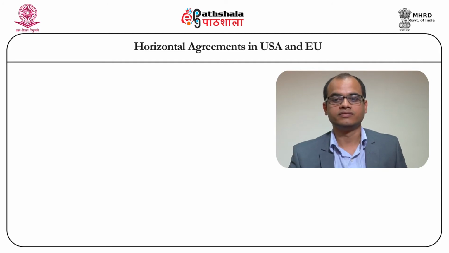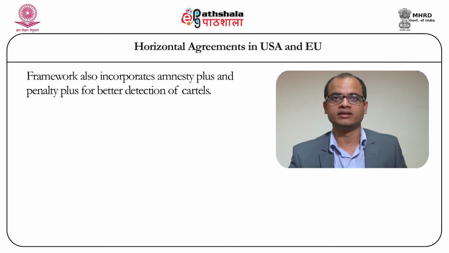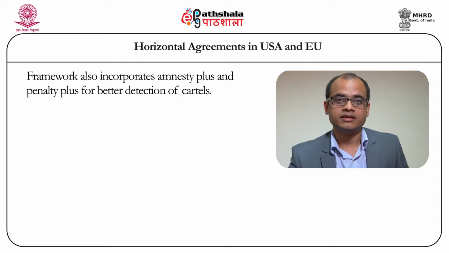Now the US legal framework also incorporates amnesty plus and penalty plus for better detection of cartels. Under amnesty plus, for example, the Antitrust Division will give a benefit to a company being investigated for criminal activity in product market X for any criminal activity in another market also. This is why it's called amnesty plus.